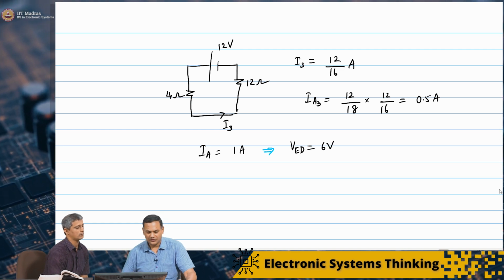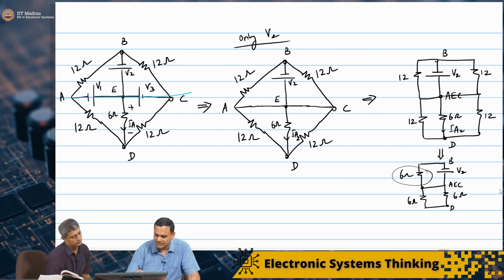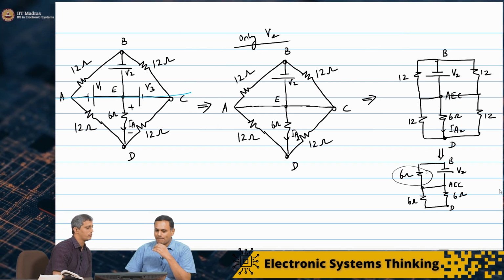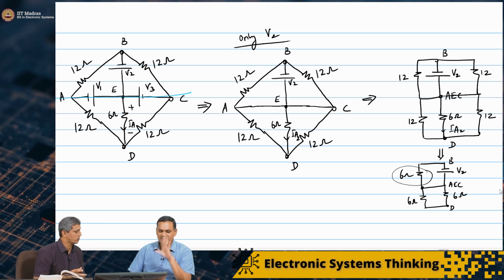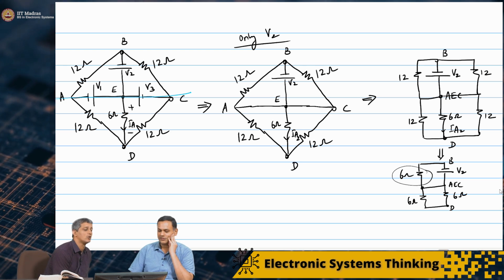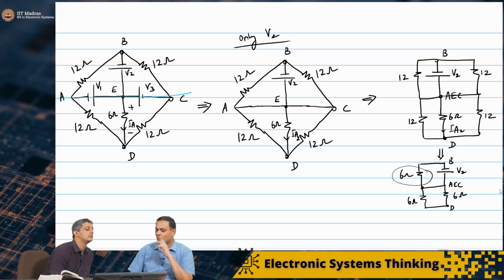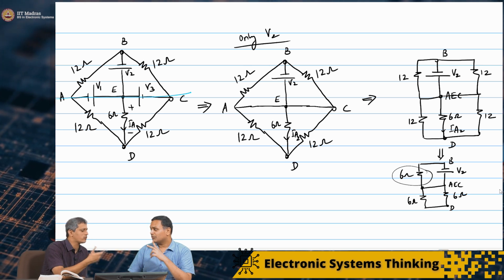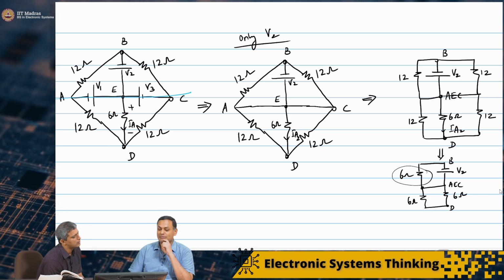We know VEA, VEB and VEC because they are all just voltage sources. I'm just trying to figure out, if I were to check, is this 1 ampere correct?